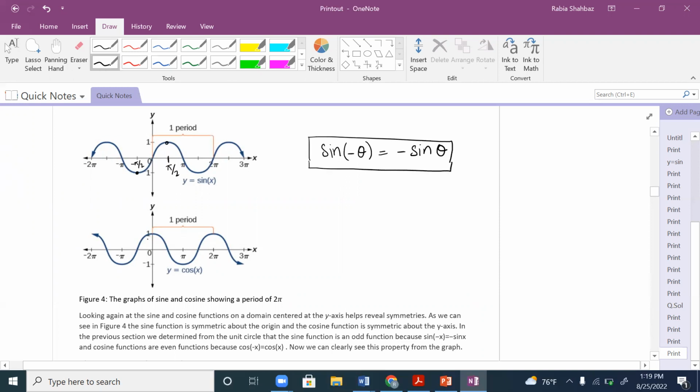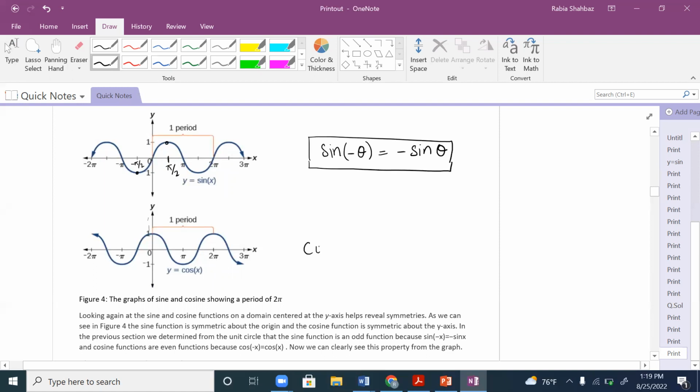And as you look at the cosine function, it is symmetric about the y-axis. If I fold it or cut it through the y-axis, you could see that I have the same graph on both sides of the y-axis. Any functions that have this symmetry about the y-axis are called even functions.